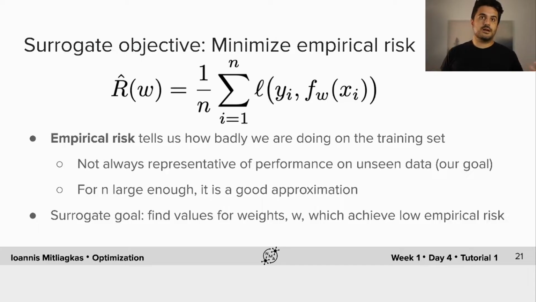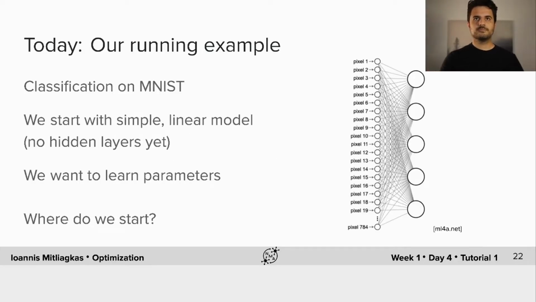Inevitably, as we discussed, we go from wanting to minimize risk, we accept that we cannot minimize risk, and we set as our secondary goal to minimize the empirical risk. So for today, this is our running example. We're doing classification on MNIST.